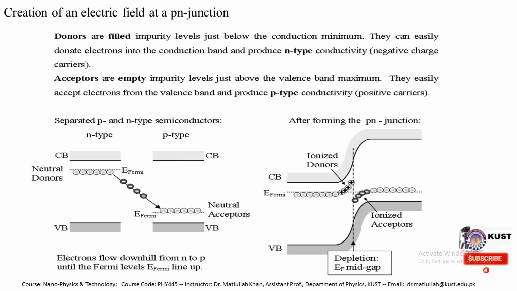The depletion region is depleted of carriers because the positive and negative charges mix with each other and develop a potential, and this potential forbids further mixing of the electrons and holes with each other.